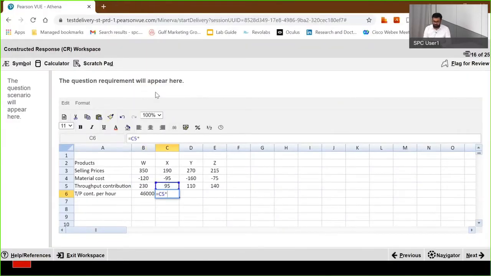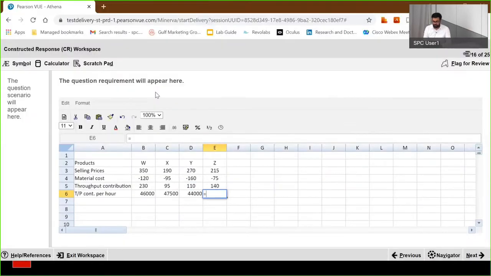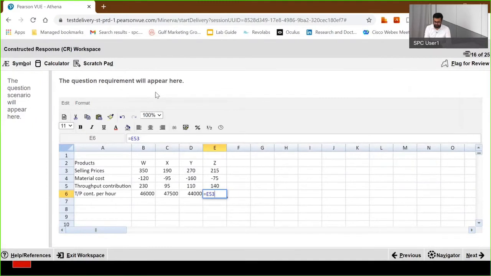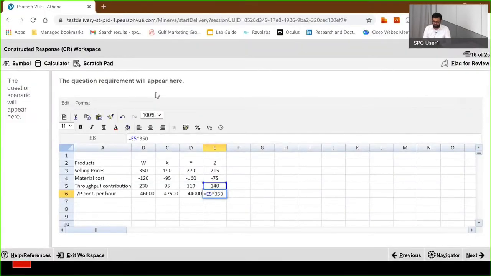Similarly, 95 multiplied by 500, 400, and similarly after multiplying with 350, we will get the throughput contribution per hour for product Z as 49,000.